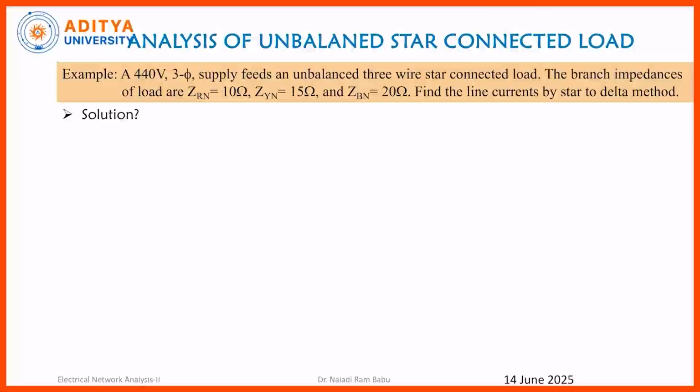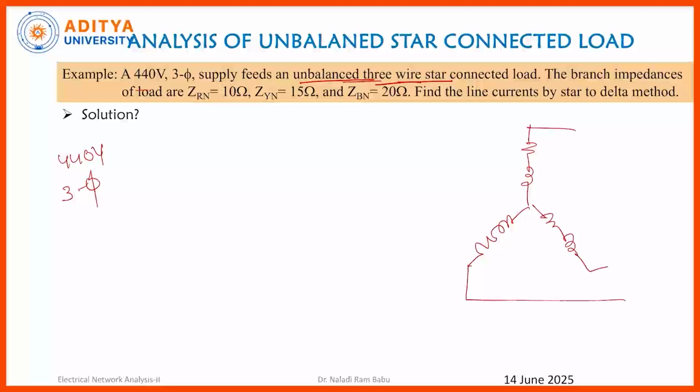See here, a 3 phase 440 volt supply is given, and they have mentioned an unbalanced, 3-wire star connected load. Let this be the star connected load.